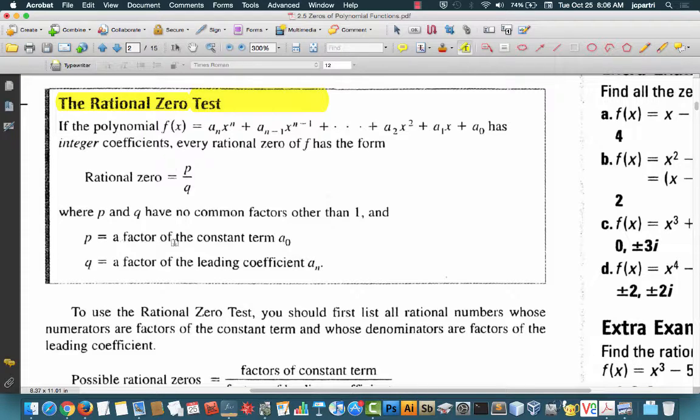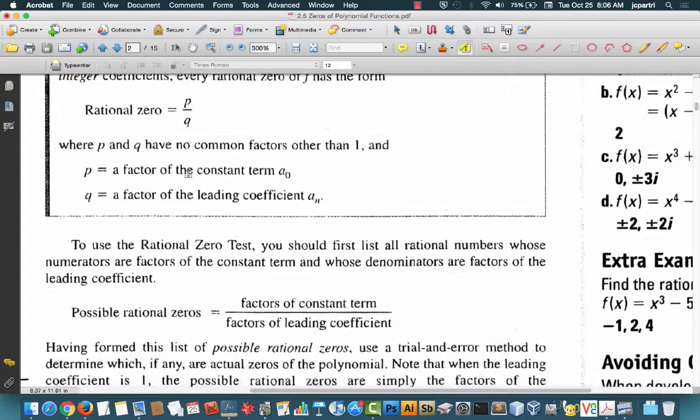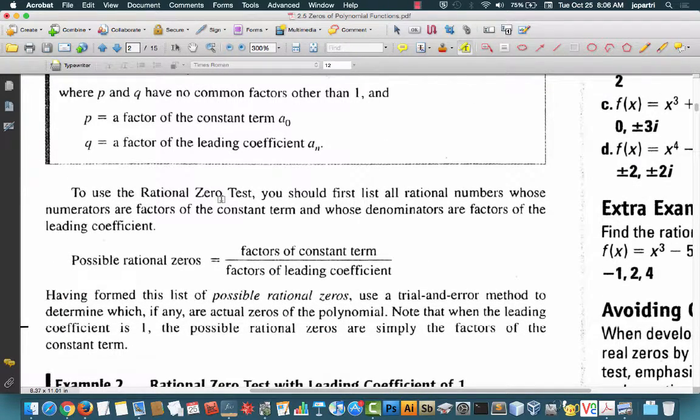P is a factor of the constant term a sub 0, that's the trailing coefficient, and q is a factor of the leading coefficient a sub n, that's the very first coefficient. So to use the rational zeros test, you should first list all the rational numbers whose numerators are factors of the constant term and whose denominators are factors of the leading coefficient.